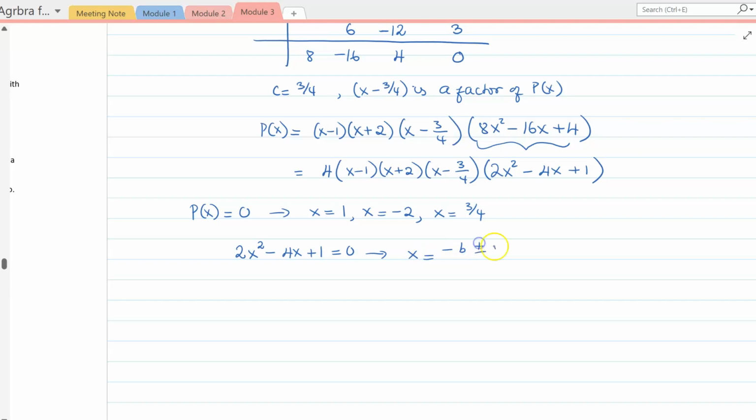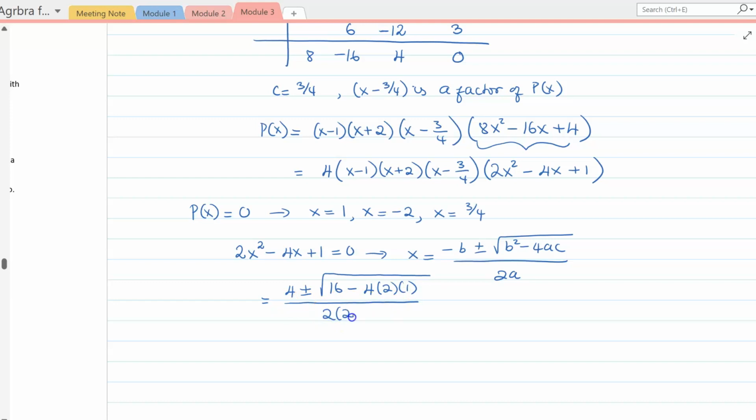Negative b plus minus square root of b squared minus 4ac, divided by 2a. So negative b is 4 plus or minus square root of 16 minus 4 times 2 times 1, divided by 2 times 2. That is 4 plus or minus square root of 16 minus 8, divided by 4.